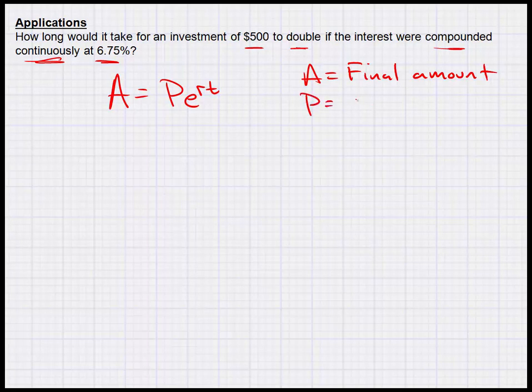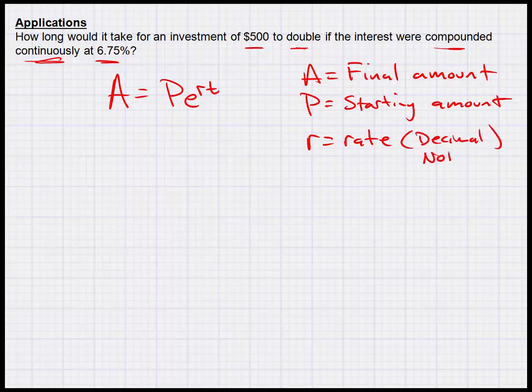P is your principal. We'll say that's the same thing as starting amount. R is your rate. Remember, write as a decimal, not percent. And T is time. Time in years.